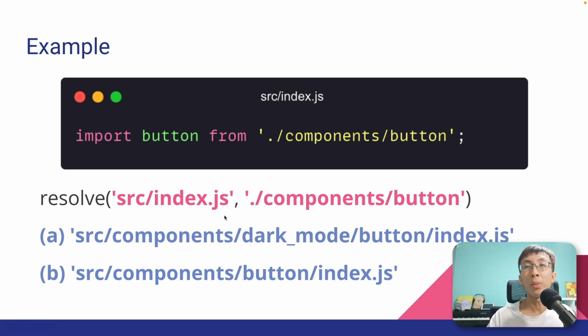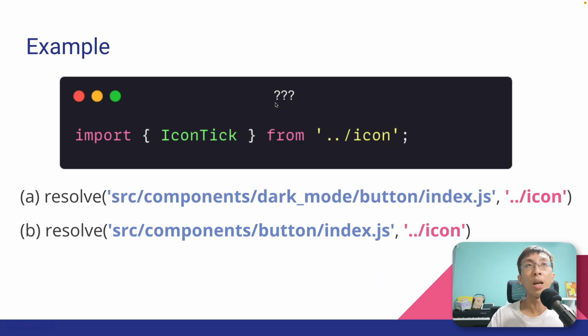Okay, but why does this matter? This matters because later on when you're in that file, I'm not sure which one you resolve to, the content is actually the same because it's a symlink, right? It looks at the same content. But when from here you want to resolve for the icons, now the trick happens here. So where are you resolving it from?